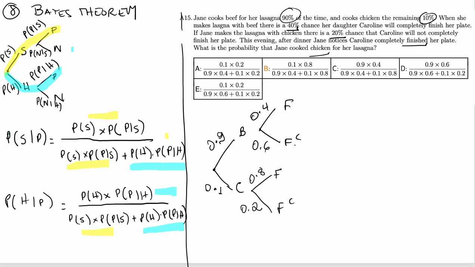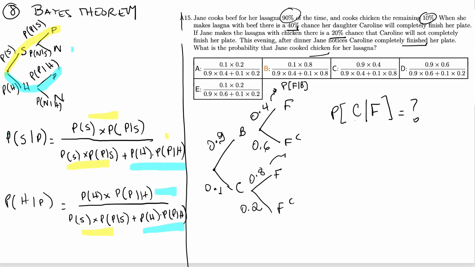And when you ask what's the probability that, given that Caroline finished the plate, this came from chicken, if you look at the tree, you won't find this probability directly. Because all of the probabilities here are, for example, the probability of F given beef.